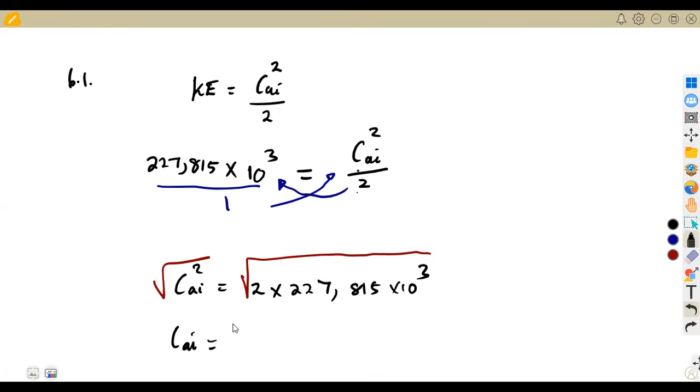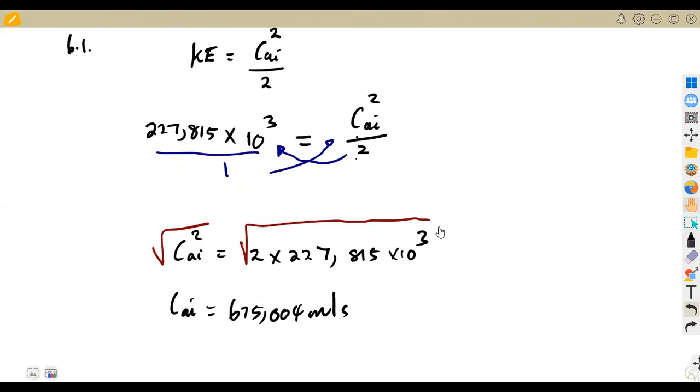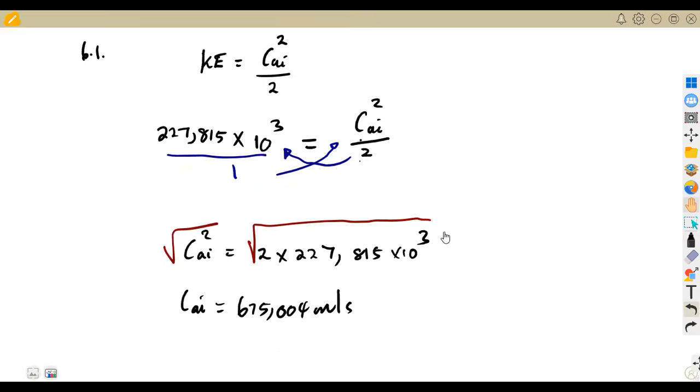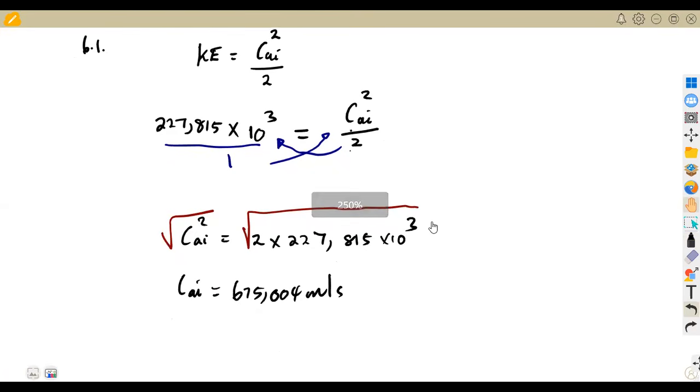That means our inlet velocity is going to be 675.004, something like that, in meters per second. For calculation's sake, or when we are drawing the velocity diagram, it's important that we work with whole numbers.